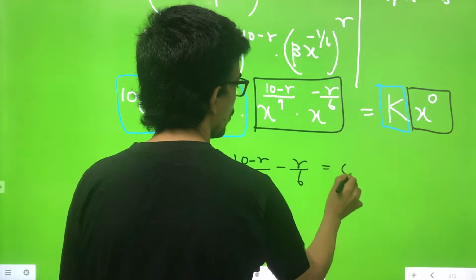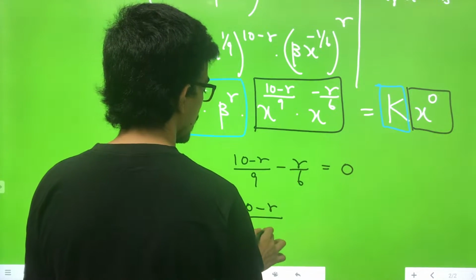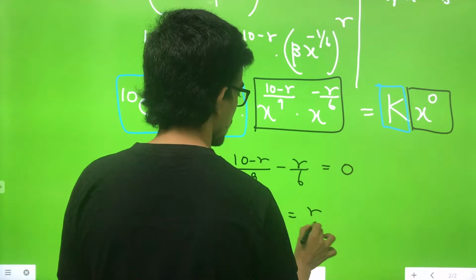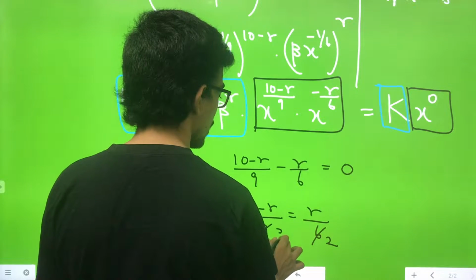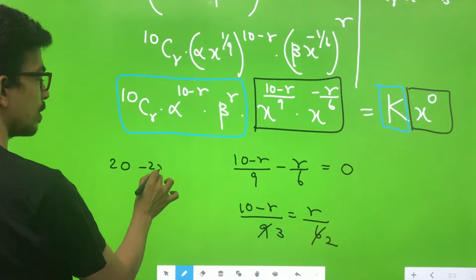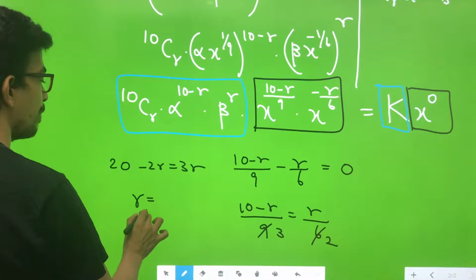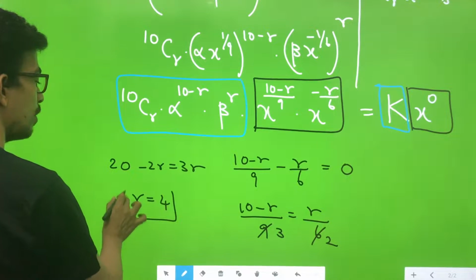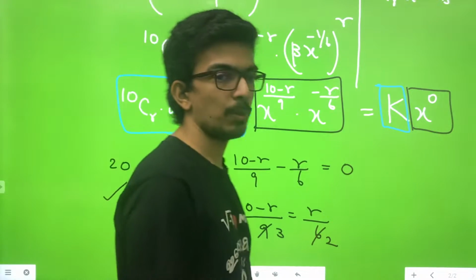So that has to be equal to 0. So we have 10 minus r by 9 is equal to r by 6. So you cancel 3. Here it becomes 2, this becomes 3. We have 20 minus 2r is equal to 3r. And r value comes out to be 4.